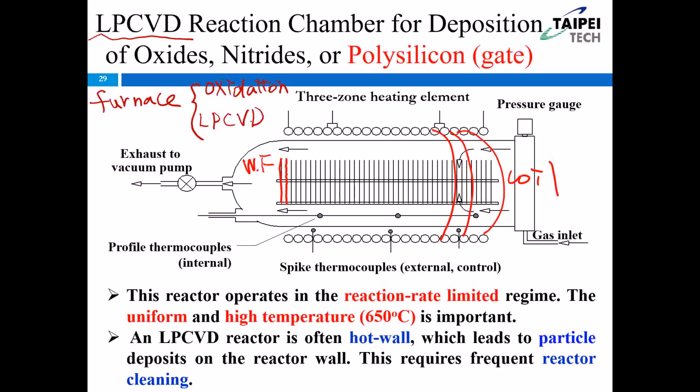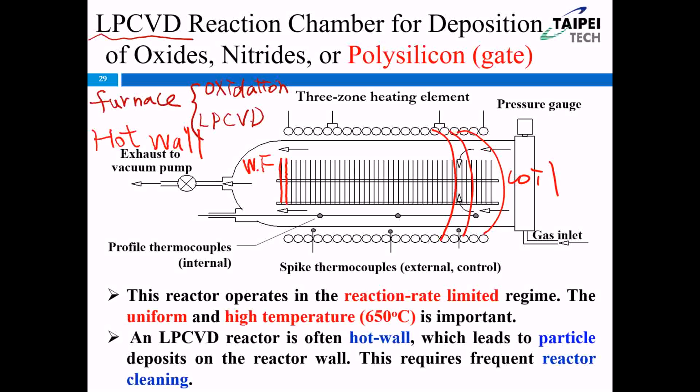So we mentioned that the furnace is a hot wall system. We say it's the hot wall system, and the temperature uniformity is good, right? Because the whole chamber, the whole quartz tube has the same temperature.